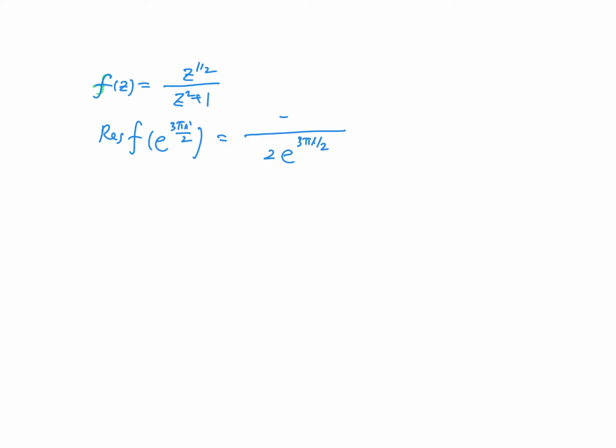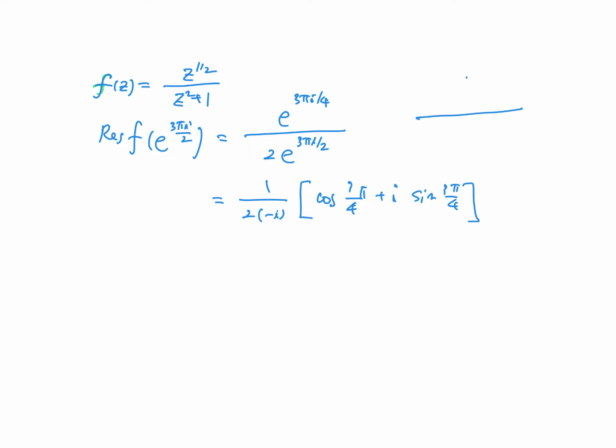But let's start with f(z), z to the 1/2 over z squared plus 1. So the residue of f at exponential 3 pi i over 2 is exponential 3 pi i over 4 over twice exponential 3 pi i over 2. Since exponential 3 pi i over 2 is minus i, it is 1 over 2 times minus i, times cosine 3 pi over 4 plus i sine 3 pi over 4.